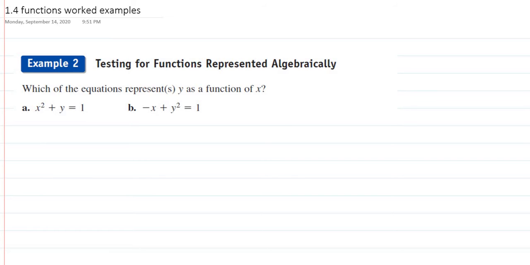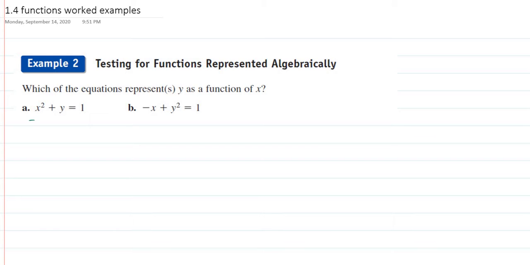So let's work through some examples about functions. In this question, which of the equations represents y as a function of x? So in order to determine if either of these are functions, the first thing we need to do is solve the equations for y.